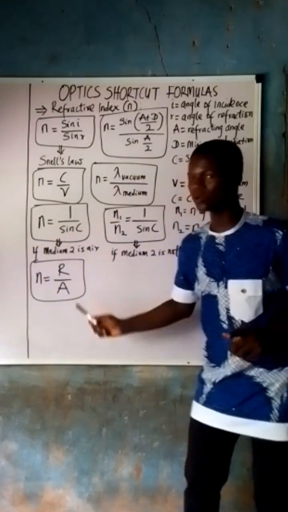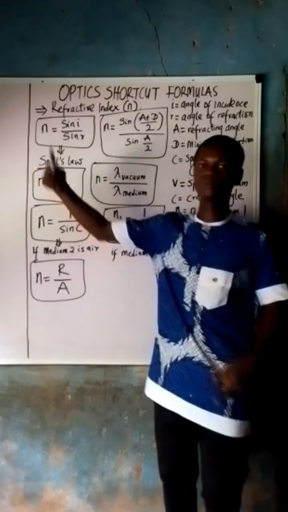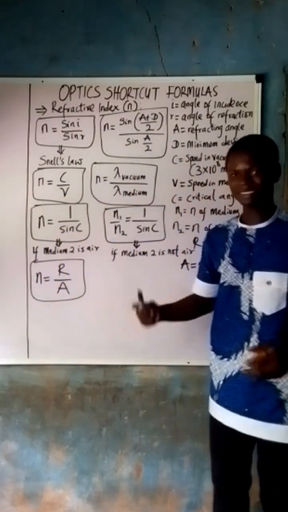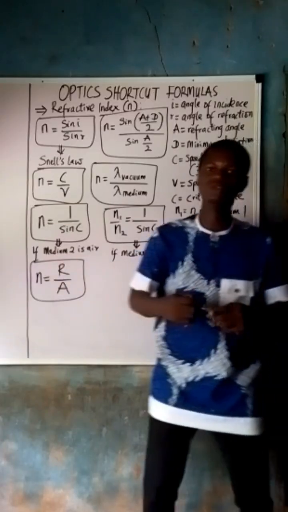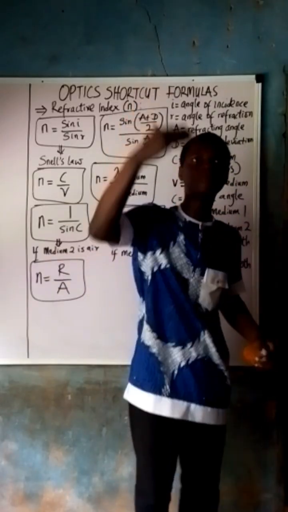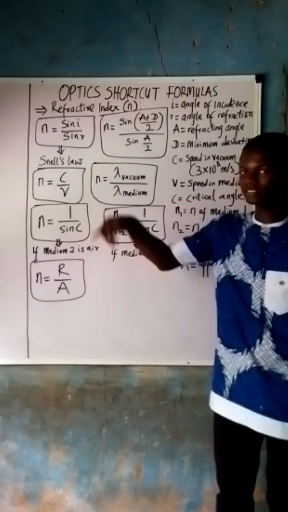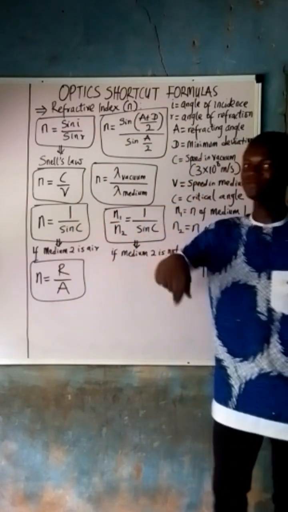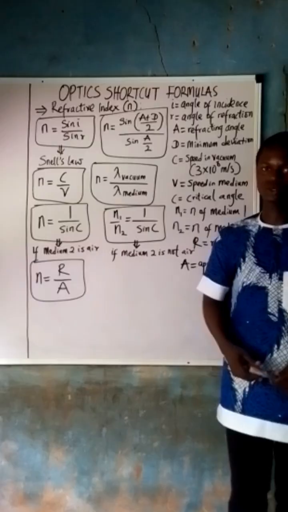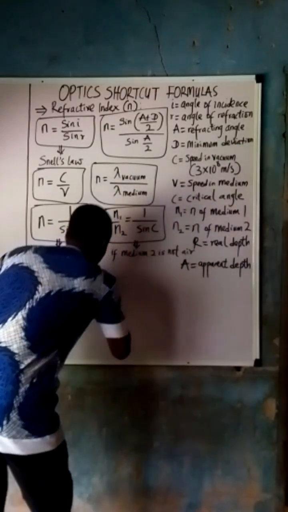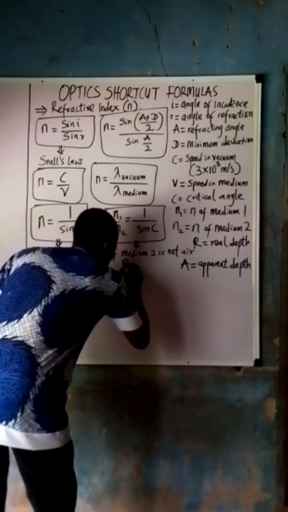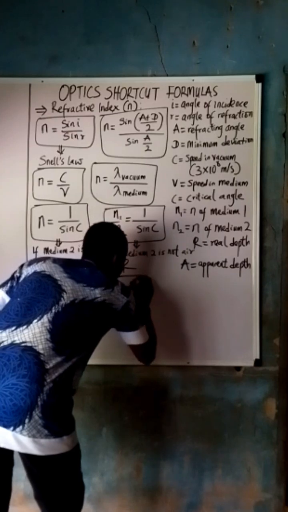If you were told the object appears to be at a certain depth, that is apparent depth. But if you were told the object is displaced by, let's say, 3 cm, that is displacement, not apparent depth. And if that is the case, what is the formula to use? Watch out. It will be N equals R over R minus D.